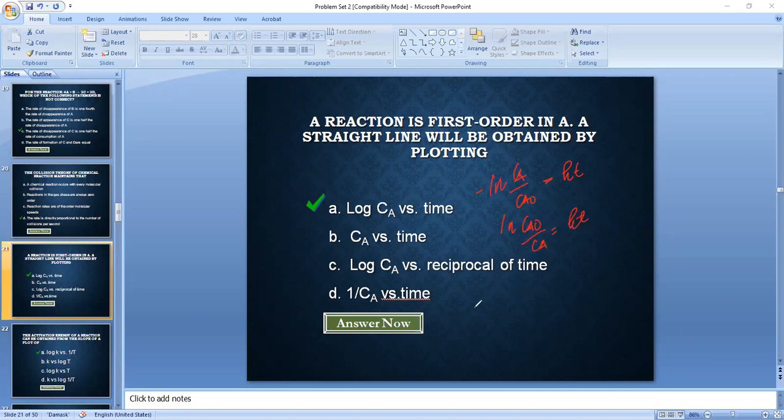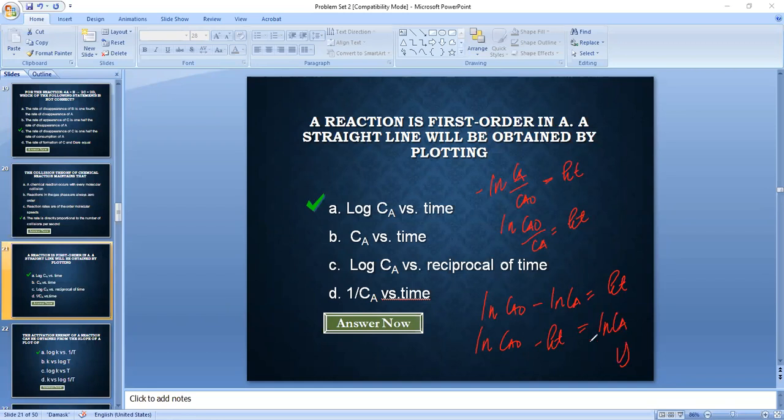Then separate the ln's. So ln of CaO minus ln of Ca is equal to Kt. Transfer this one in here, so I will have minus Kt. And this one in here, you have ln of Ca.